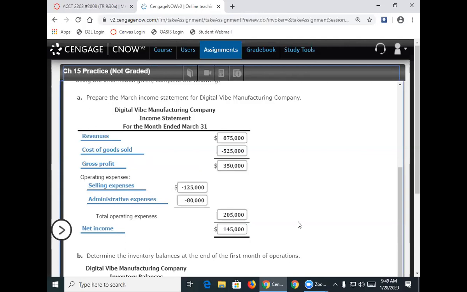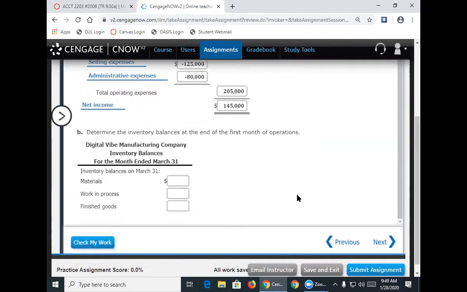Any other questions on the income statement? This one gave us all of the numbers, so it's pretty easy. What it didn't give us, though, were our ending inventory balances. But we kept track of them. So we had a debit raw materials 168,500, credit 149,250. So what is my balance in raw materials? 19,250?